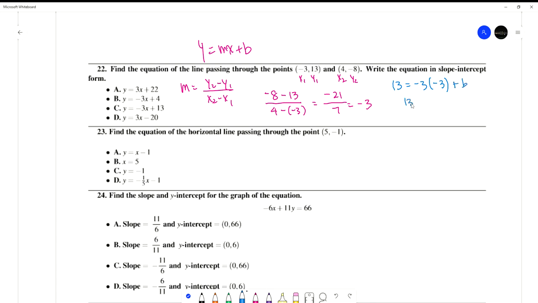So I have 13 is equal to 9 plus b. Therefore, b is equal to 4. Right? 13 minus 9 is 4. So what's the equation of our line? The equation is y equals negative 3x plus 4. And that is answer choice B.